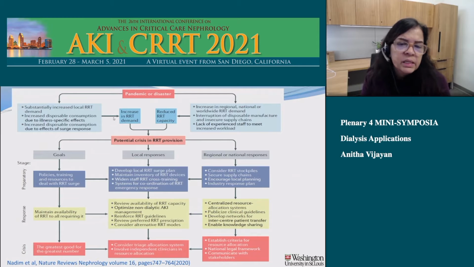And this could be in the setting of the next pandemic, or it could be a natural disaster. It could be a water main break at your institution. It could be any of those scenarios. So we need to have a plan in place to lead the way in ensuring that RRT is provided to every patient who needs it during the next crisis.